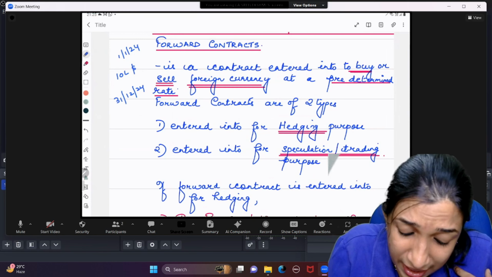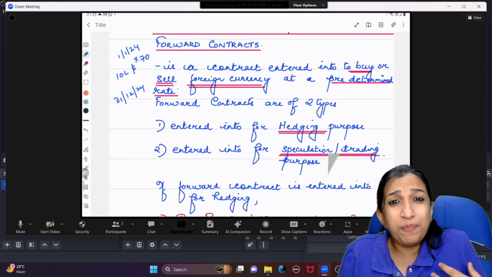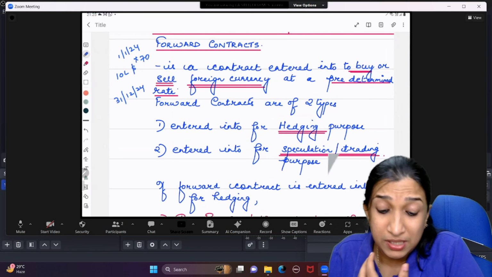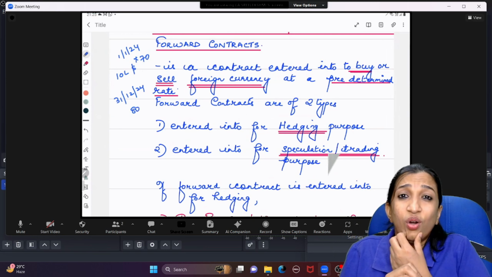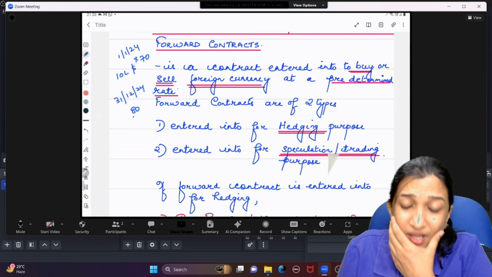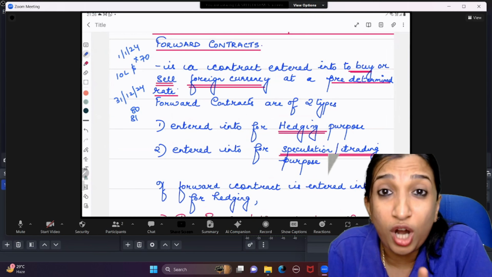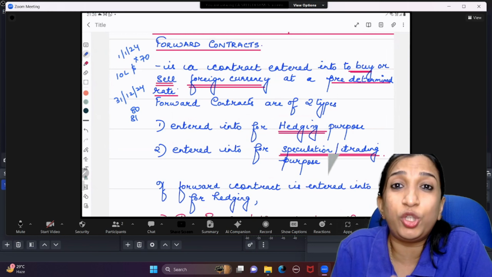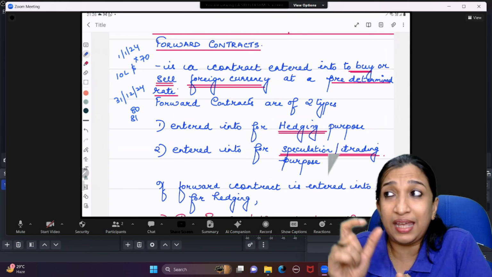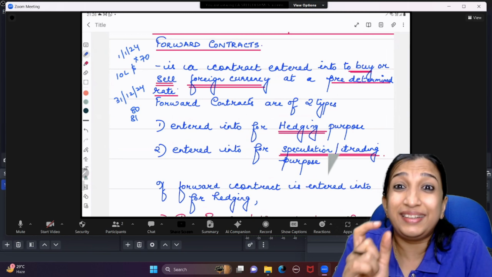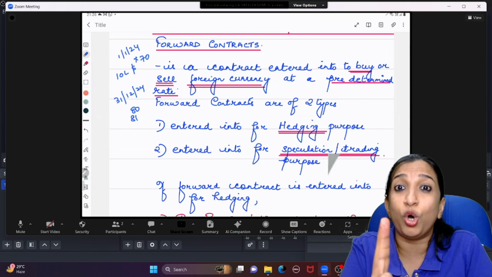1 year later you are going to buy, you need $10 lakh, but you are worried. $10 lakh I need today. Today's rate is 70. So I'm scared, after 12 months, what if it becomes 80? What if it becomes 81? Then it is a loss to purchase dollars at 80. Now you need to pay only 70 rupees and then it is 80 or 81. 10 rupees per dollar loss.